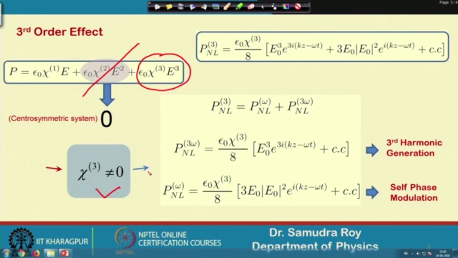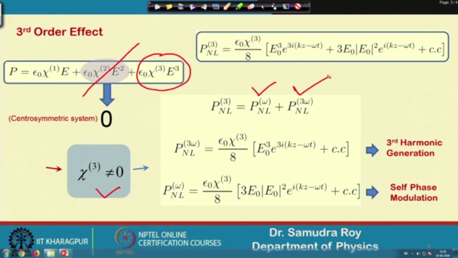The nonlinear polarization here will contain two different terms. One term has a frequency component omega, which is the fundamental frequency, and another has a frequency component 3 omega.